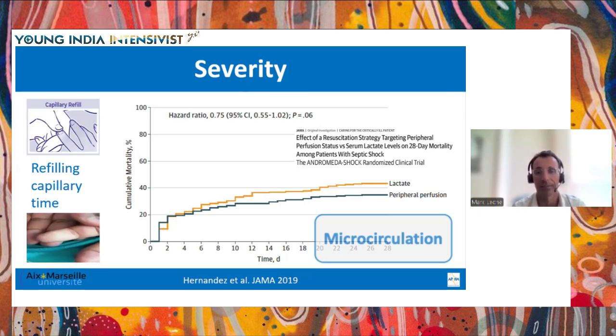And this is almost as efficient as lactate is, even perhaps better, but there is no competition between lactate and peripheral perfusion. We need probably both, and we need to integrate both in our reasoning at the bedside. So that's really useful, and that's totally included in the clinical examination.